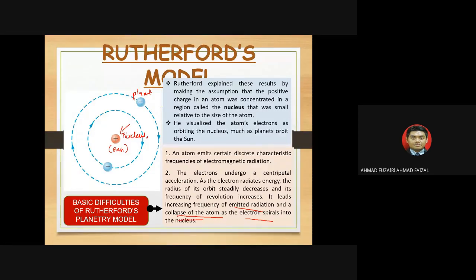Due to the increase in frequency as the electron moves at high speed, because we know the electron will radiate energy due to its speed, and of course it cannot stay in orbit just like the planets orbiting the sun. As simple as that. When the electron moves at a very high speed, the radius of its orbit steadily decreases. The orbit decreases. That is the difficulty in Rutherford's model.